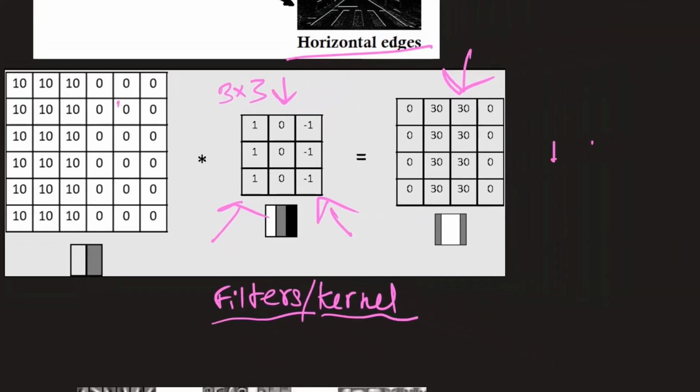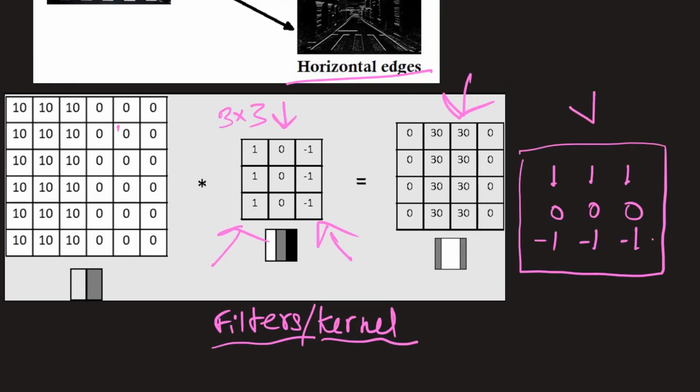Let's say 1, 1, 1, minus 1, minus 1, minus 1, 0, 0, 0. You should use this filter and try to perform the convolutional operation on top of this particular image. Do it step by step and try to gain a feature map like this, and you will observe that finally you will end up achieving a horizontal edge that will look like this.